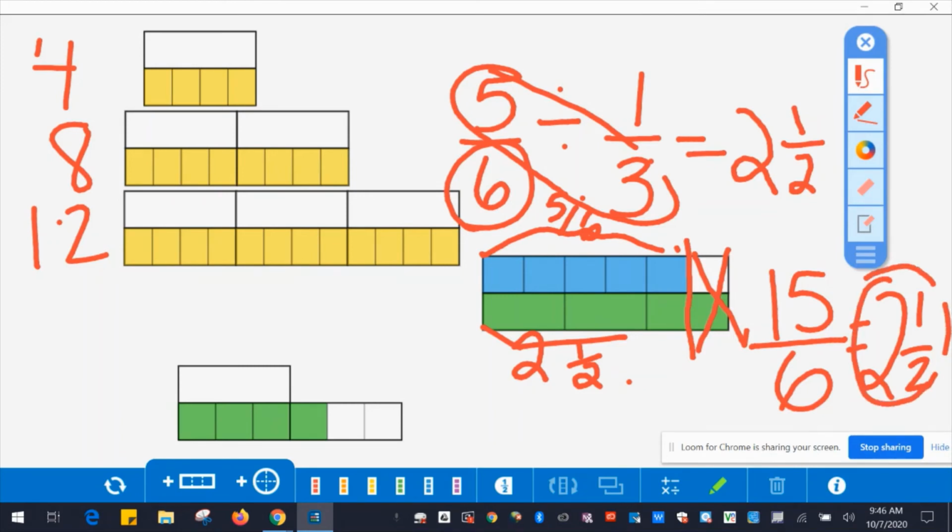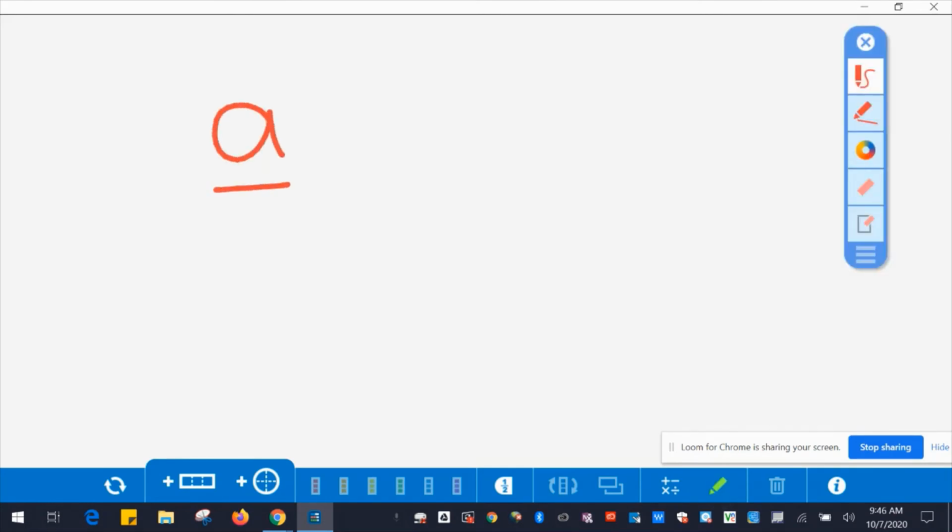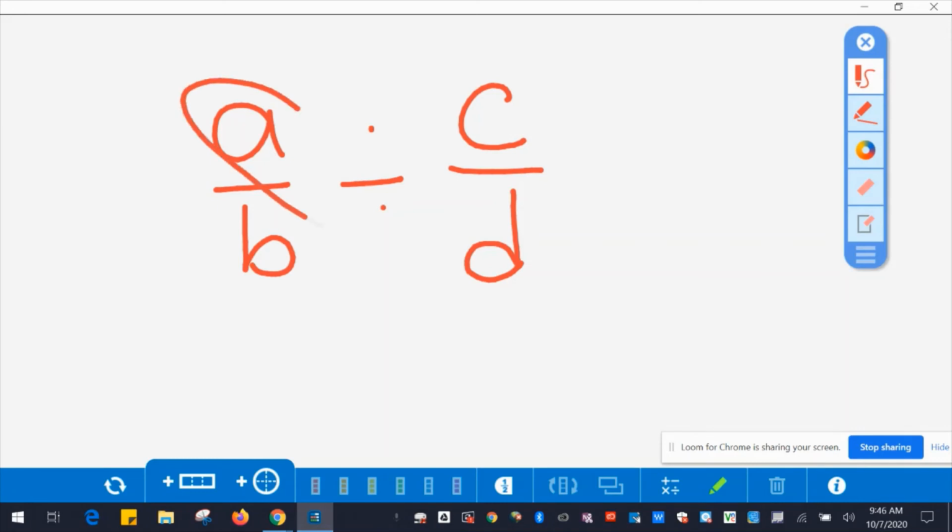So this would lead students to be able to see that standard algorithm. So if I were to clear my screen, we have a fraction a over b divided by c over d. We were taking and multiplying the numerator and the denominator.